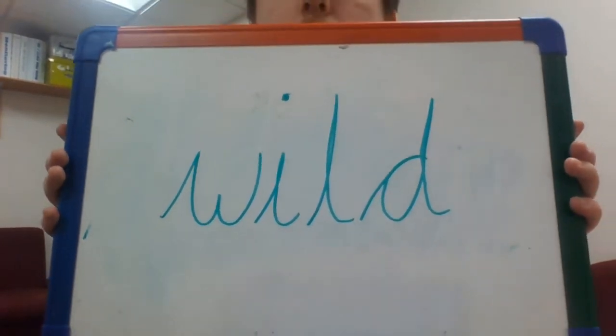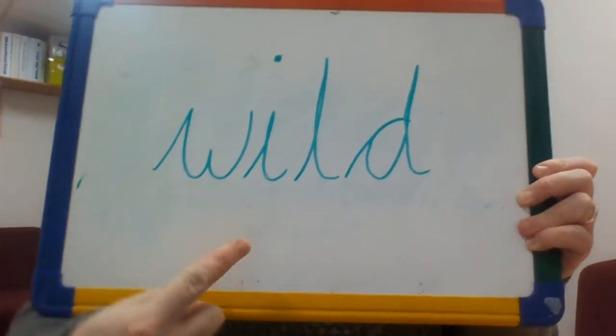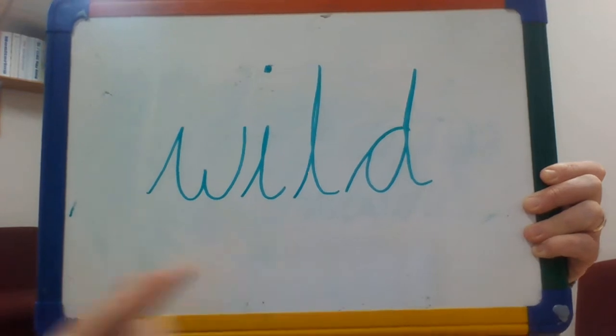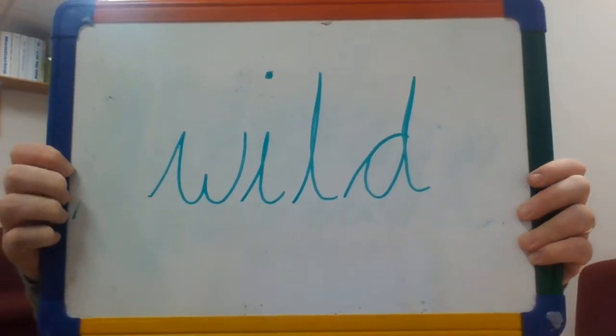It's got more in common with child, hasn't it? This becomes an I sound, but in children it's an I sound, isn't it? Okay, so the word wild. Have a go now at writing the word wild. Off you go. Did you manage to write wild? If you managed to write wild, then please make sure that you put a tick in that writing box.